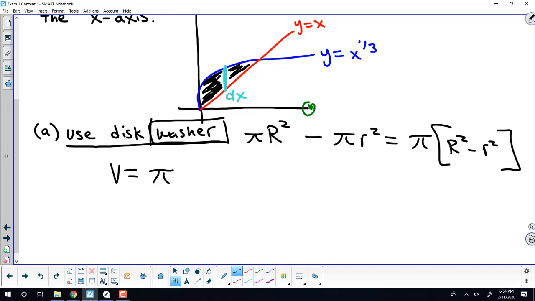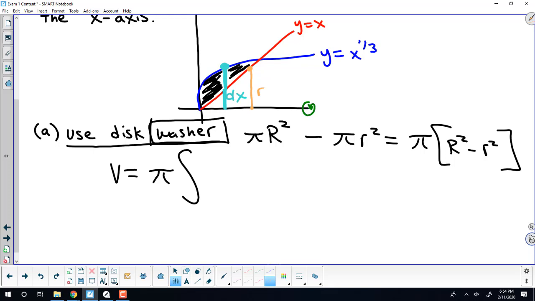Okay, so we have pi times the integral. The distance from here to here, that's our outer radius, or larger radius, capital R. And the distance from here to here is our little r.